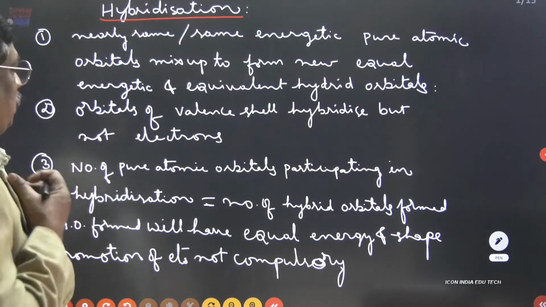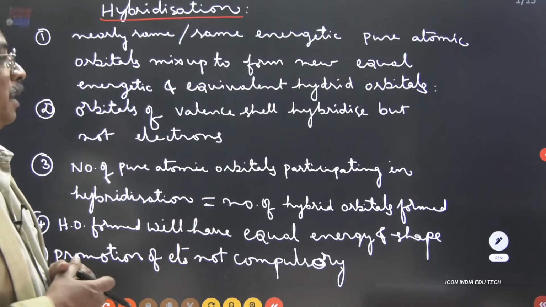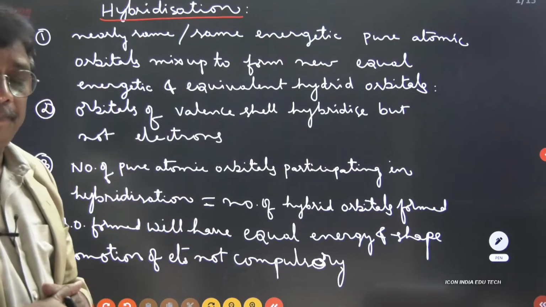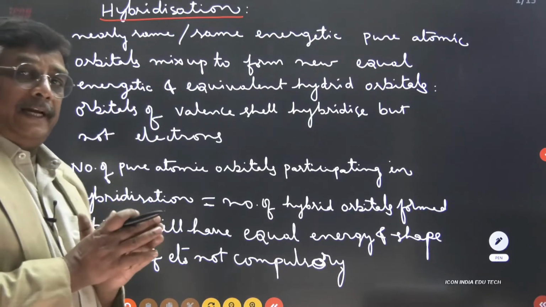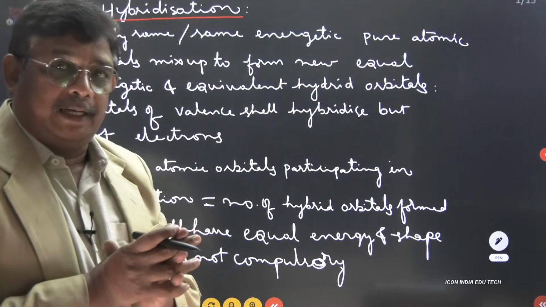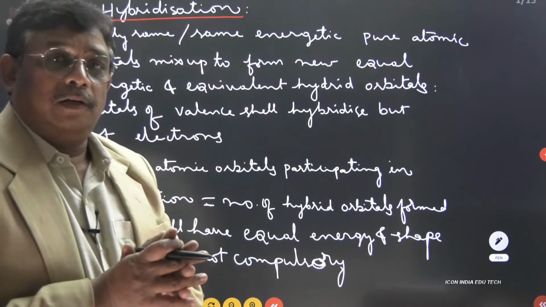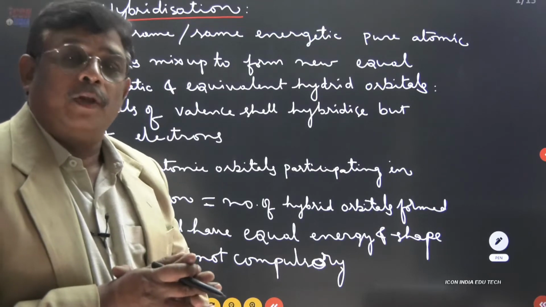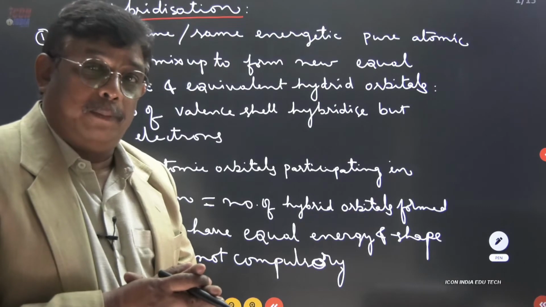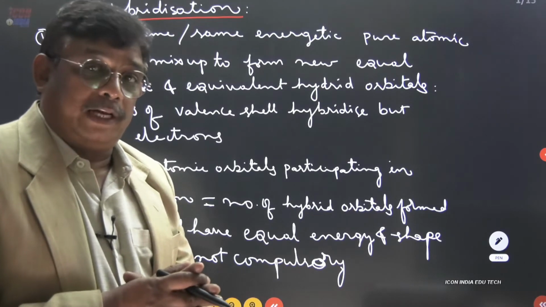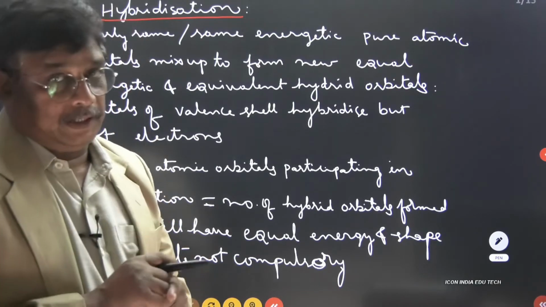And the number of pure atomic orbitals participating in the hybridization is equal to the number of hybrid orbitals formed. For example, in sp2 hybridization, 1 s and 2 p orbitals mix up and you get 3 sp2 hybrid orbitals. Similarly, in sp3 hybridization, 1 s and 3 p atomic orbitals completely mix up to form 4 equivalent sp3 hybrid orbitals.